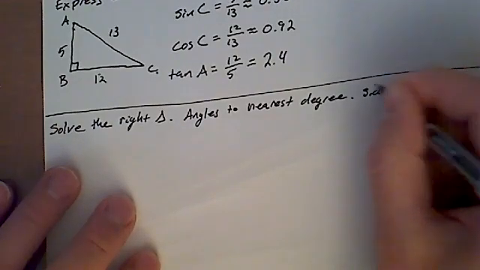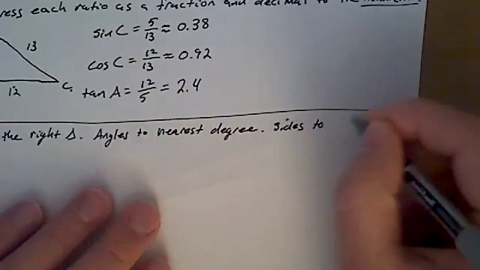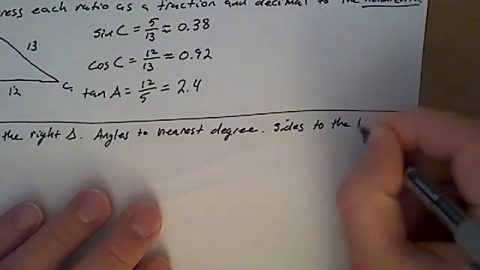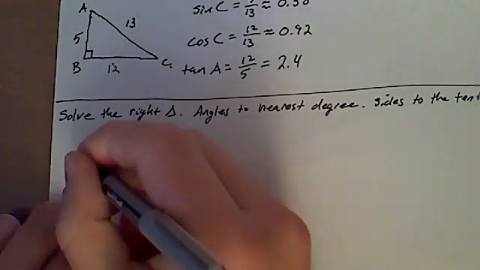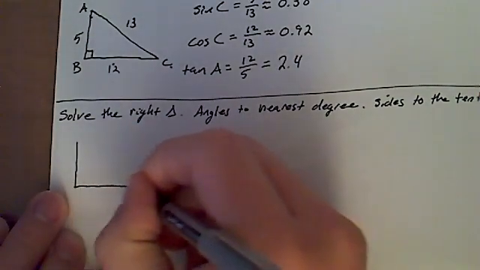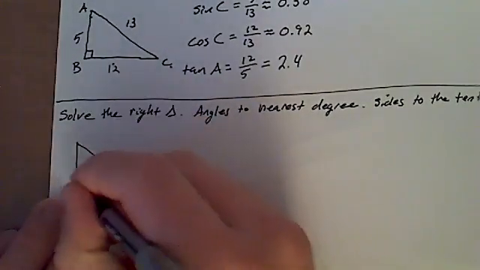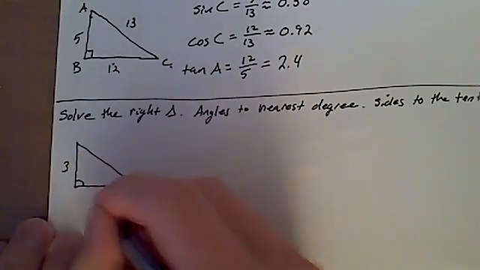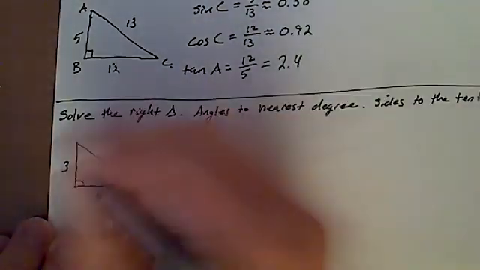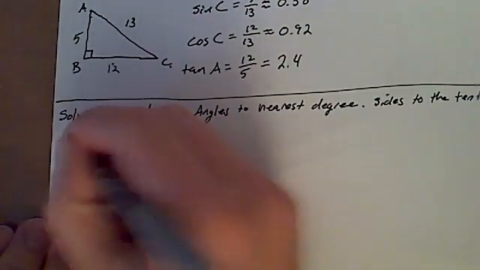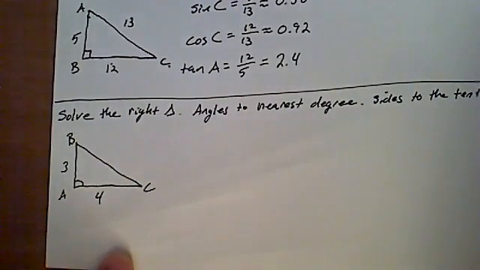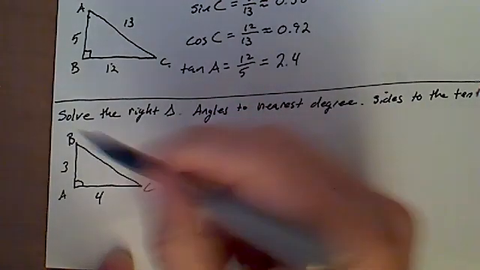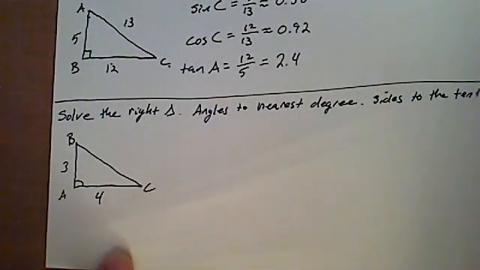Sides to the 10th. So if we're given a right triangle, sides of 3 and 4, and we'll call this triangle ABC. To solve means to find all of the parts, so BC, angle B, and angle C.